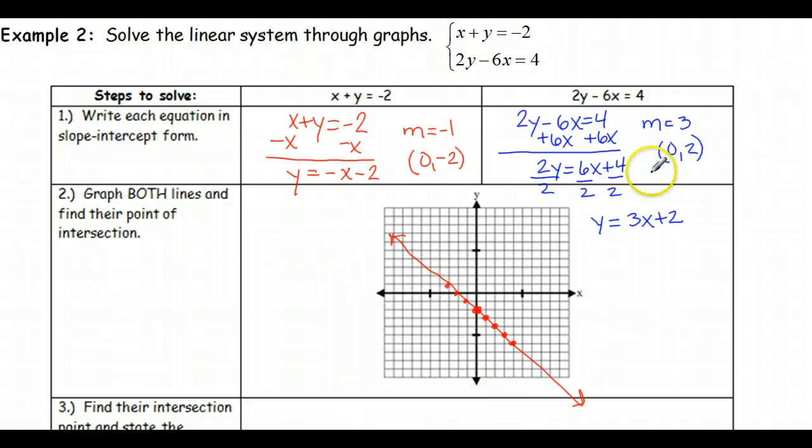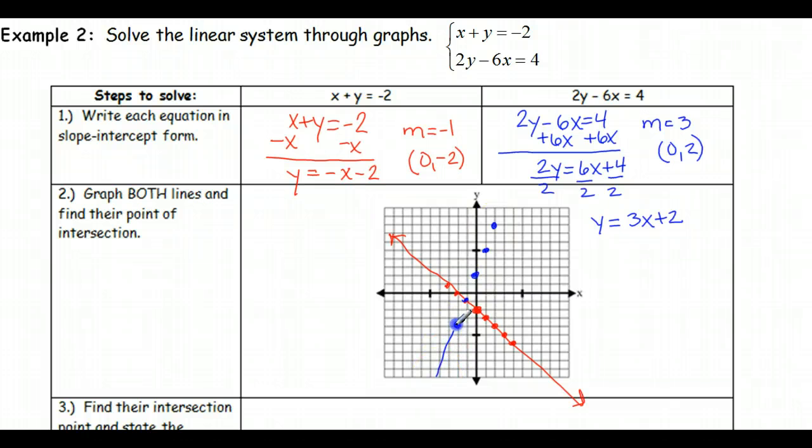So my y-intercept is 2, and I have a slope of 3. So up 3, right 1, up 3, right 1, or again we can go down 3, left 1, down 3, left 1.